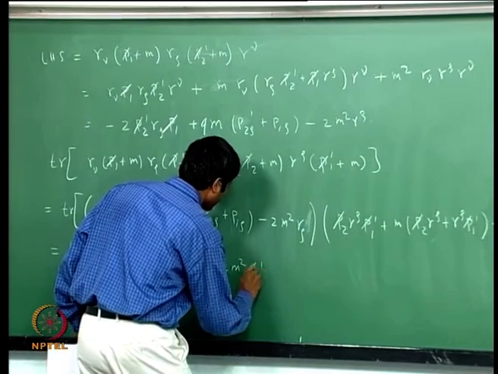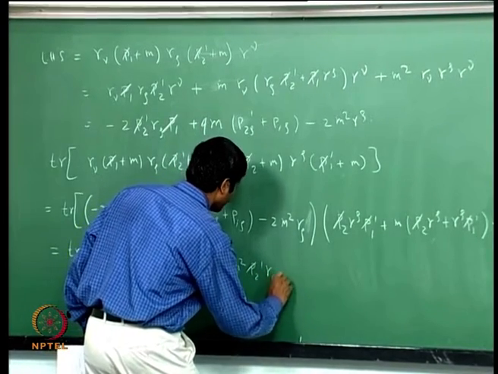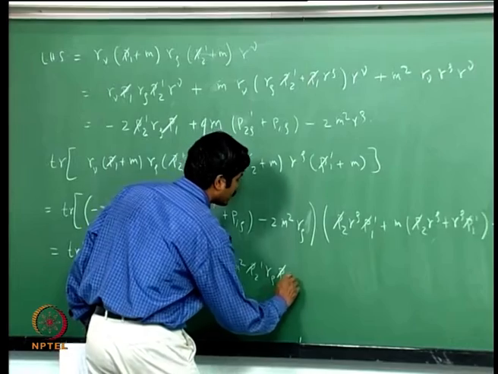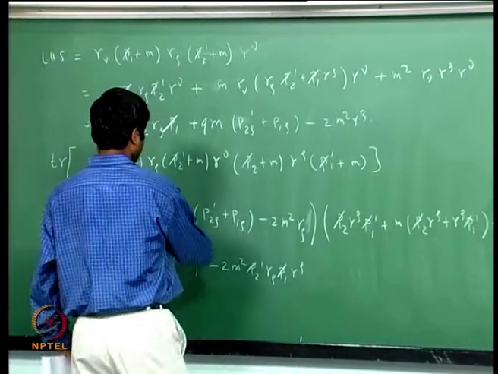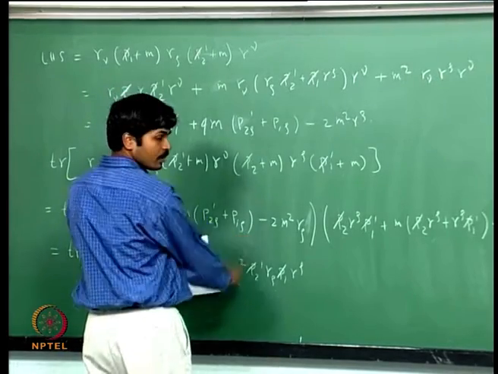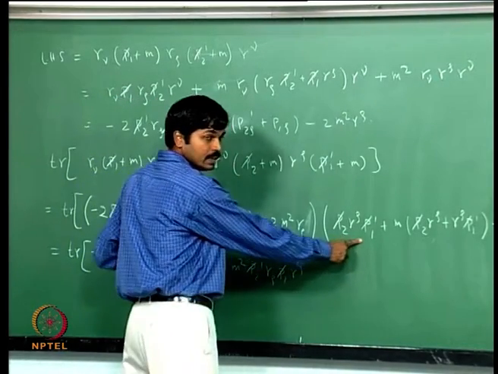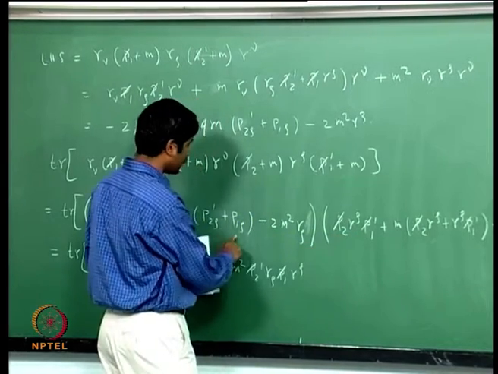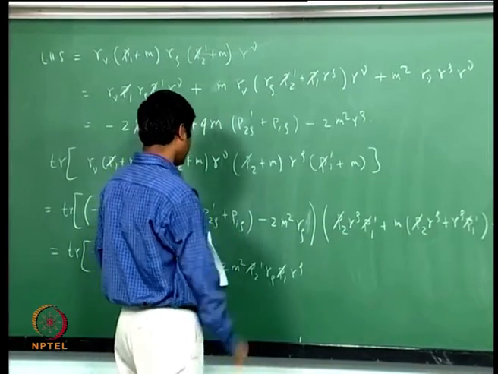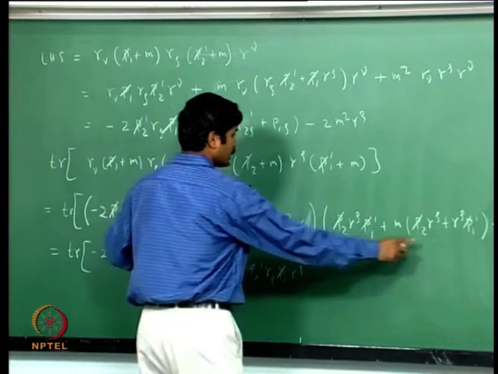p 2 prime slash gamma rho p 1 slash gamma rho, and then I will consider this term, this multiplied by this. When I take the trace, it will be 0 because there are 3 gamma matrices, there is no gamma matrix here, whereas this with this will survive.